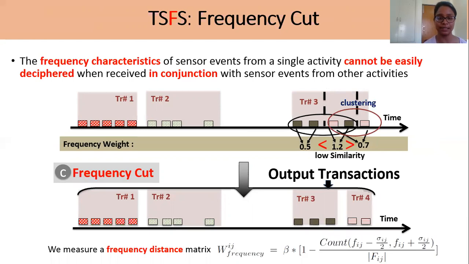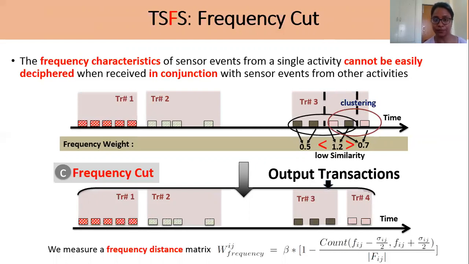That is frequency cut, which basically says that if there are two activities or more than one activity in one segment, then probably the sensors will come really fast, meaning that you can cluster based on the frequency distance between each pair of sensors.